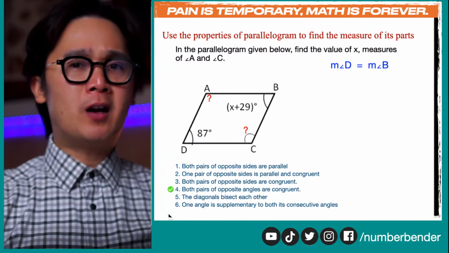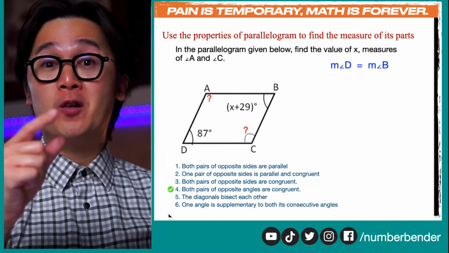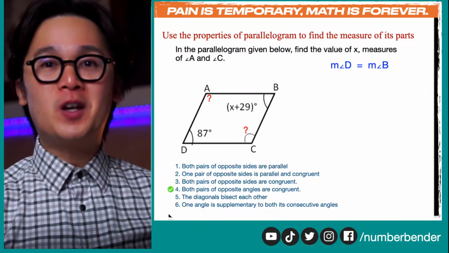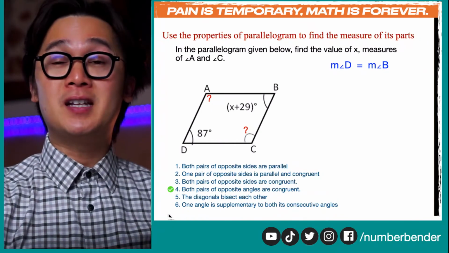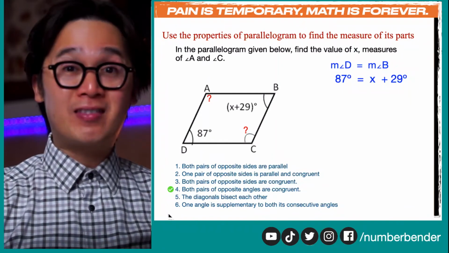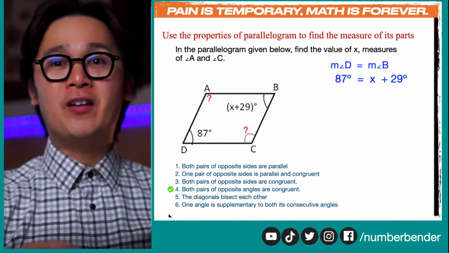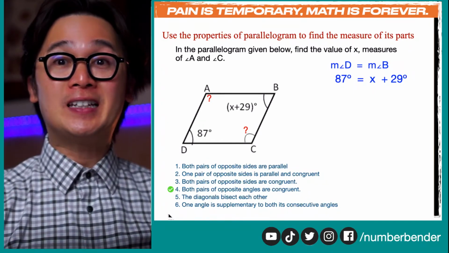Now, since we know that opposite angles in a parallelogram are congruent, and we know that D is 87 degrees, without even doing algebra, we already know that angle B is equal to 87 degrees. But since we want to prove that that theorem is going to work for a parallelogram like this, let's see if this equation will give us x equal to 87 degrees.